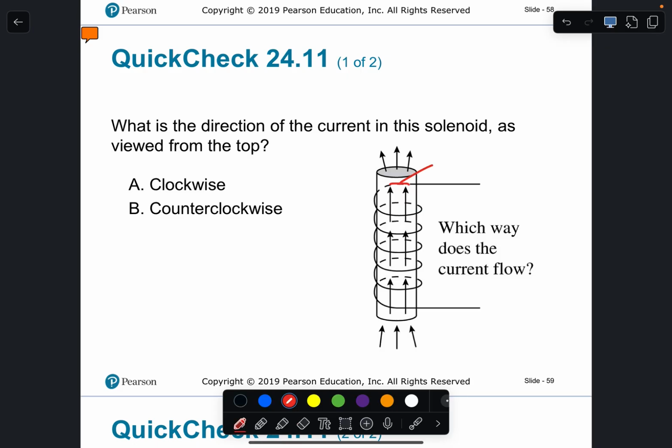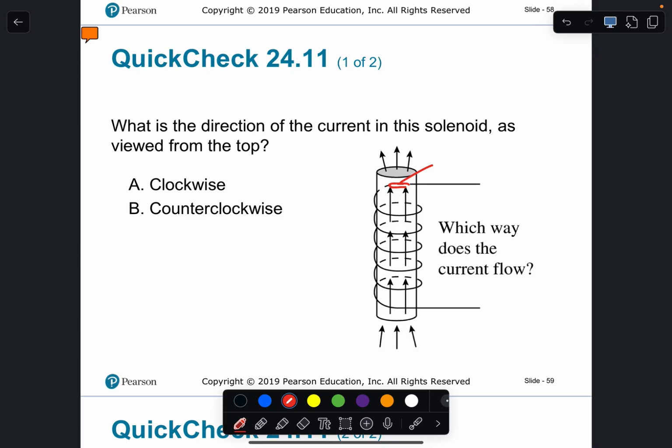So when my thumb is behind the solenoid, if I want to see the magnetic field direction, I'm not going to curl my fingers behind my thumb because I don't care about the magnetic field behind the solenoid. I care about the magnetic field inside it, right? So I'm going to curl my fingers so that they're in front of the current, which is the thumb. And I'm going to see an upward direction.